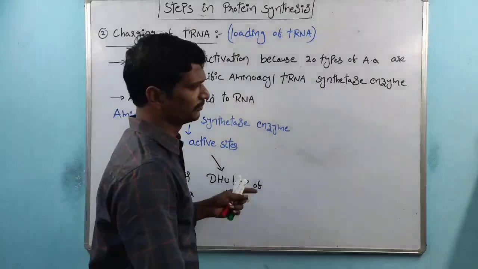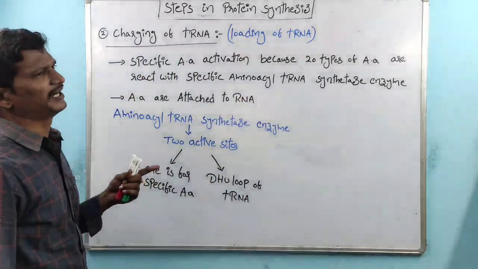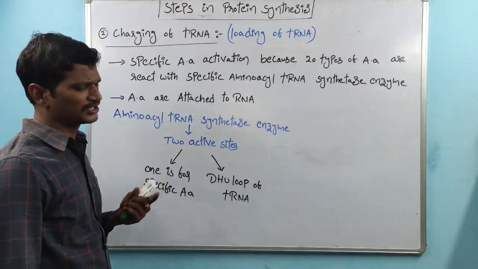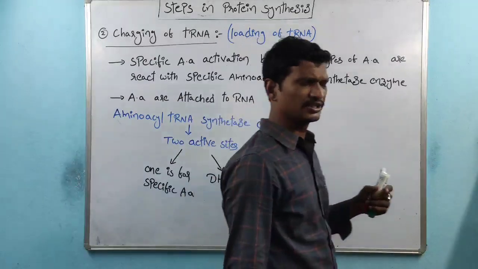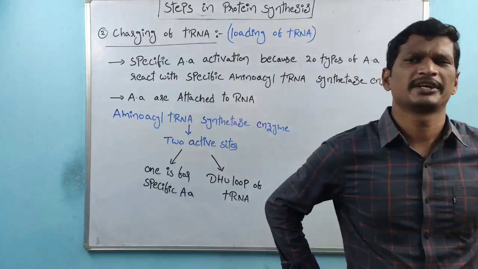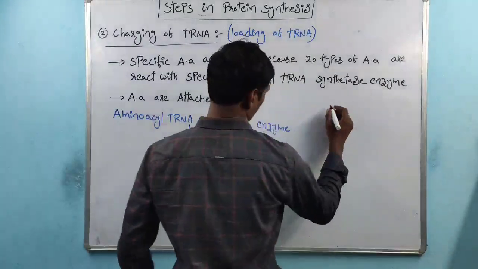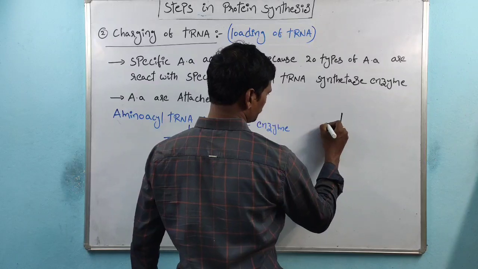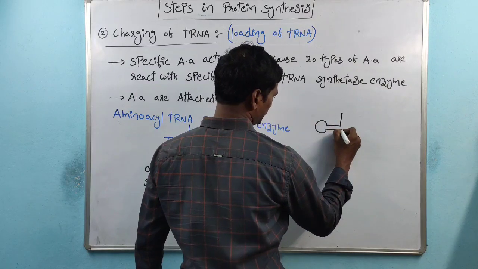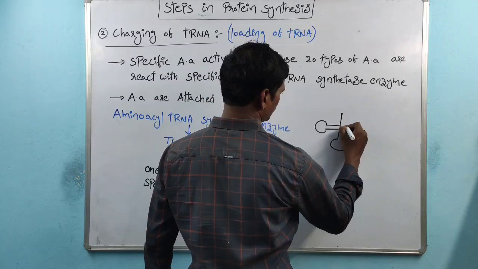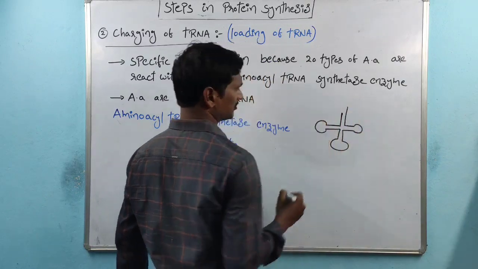In the first step, we discussed the activation of amino acids, and the next one is the charging of tRNA, that is, loading of tRNA. This is one of the empty tRNA structures, right? See this tRNA structure.